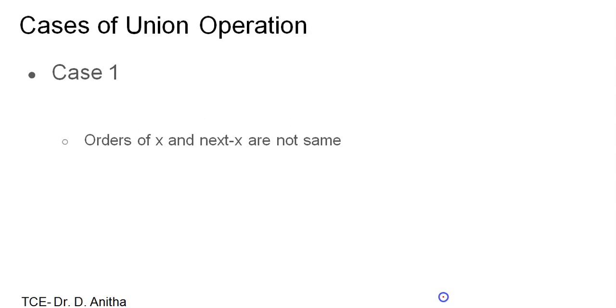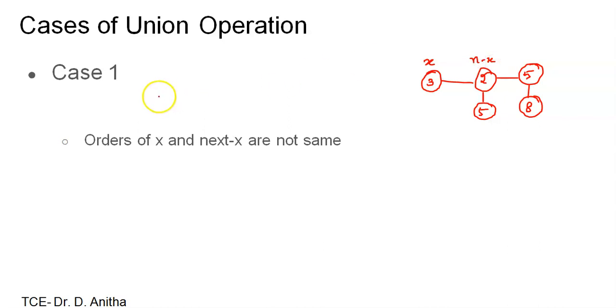Case 1: the orders of x and next x are not the same. For example, after merging, I get a tree like this. First this is x, this is next x. The order of x and next x are not the same.